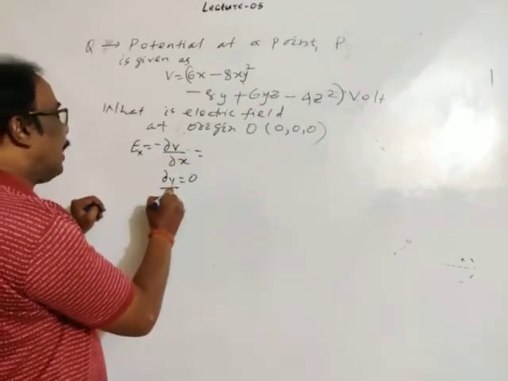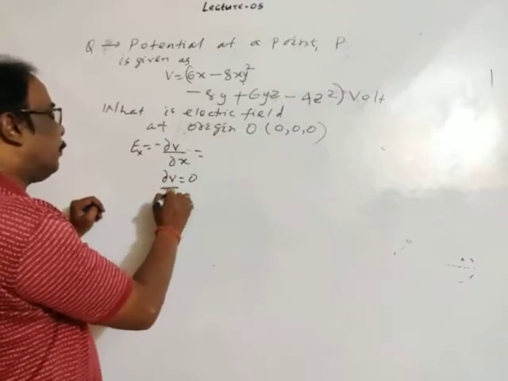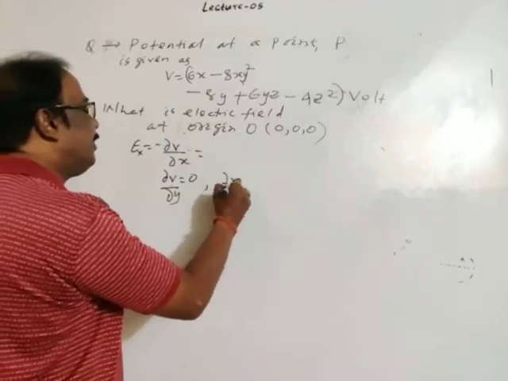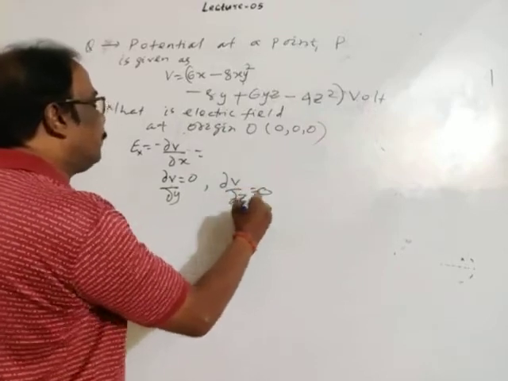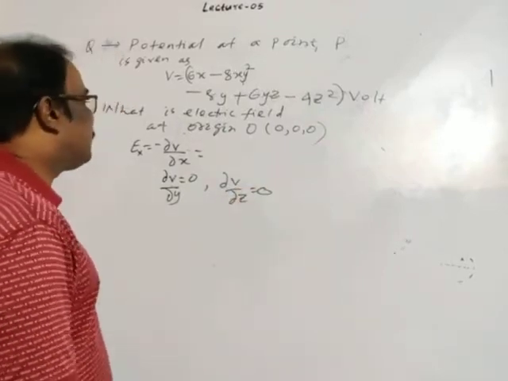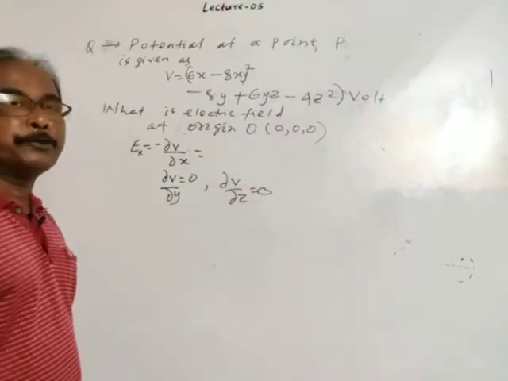Del V by del y is 0 and del V by del z is 0, because while taking the partial derivative we only consider the x coordinate.